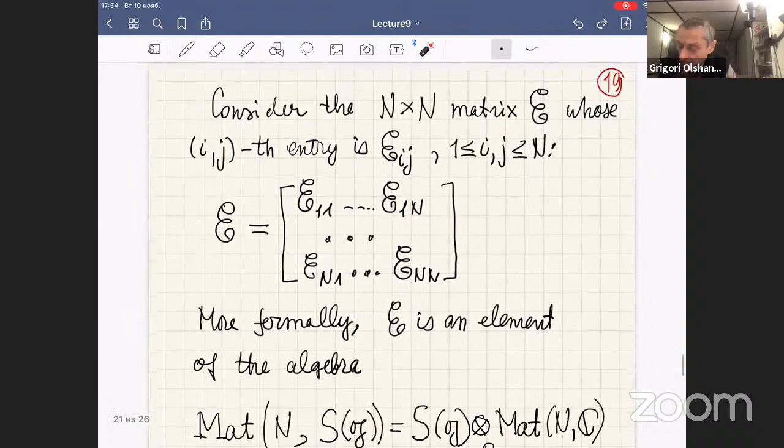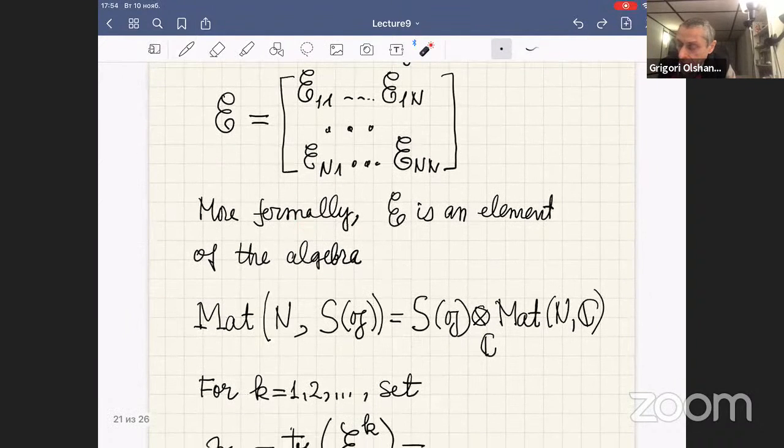Formally, it can be defined as an element of the algebra of matrices with coefficients in the algebra of symmetric... of this algebra. We have the right to produce the algebra of matrices with arbitrary coefficients, commutative or non-commutative.